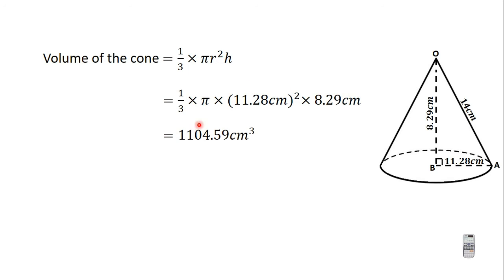When you do this on your calculator and you round your answer to 2 decimal places, you have 1104.59 centimeters cubed. So the volume of the cone is 1104.59 centimeters cubed.